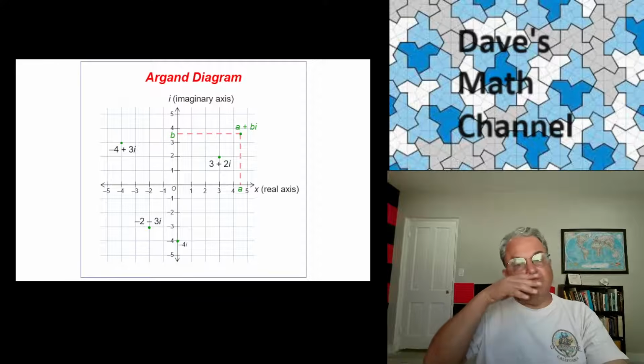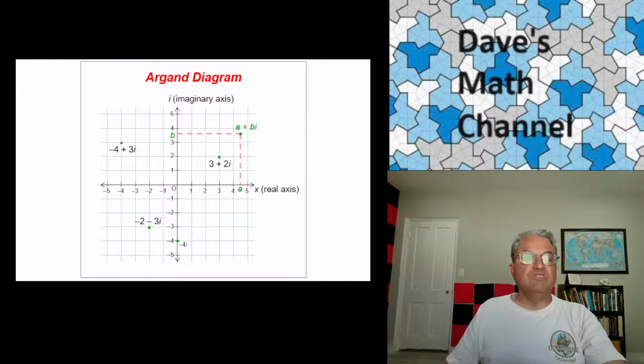Then there's something important associated with complex numbers known as the Argand diagram. I don't think people use this name much anymore. I think people prefer to call it the complex plane, but it was named after an early 19th century French mathematician named Argand. As far as I know, he was the first person to come up with this pictorial representation of the complex numbers.